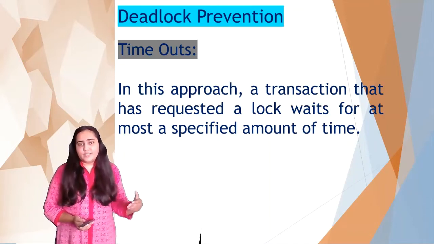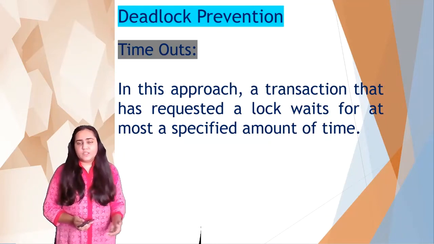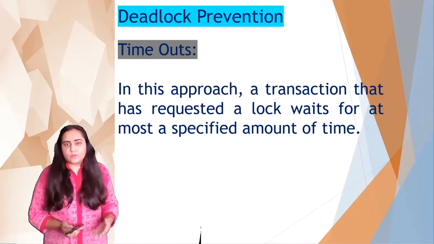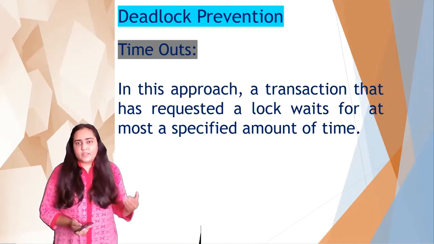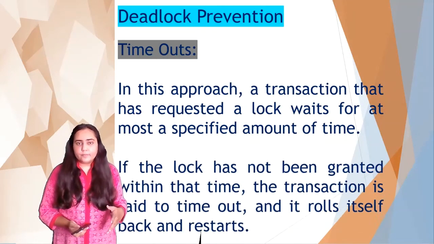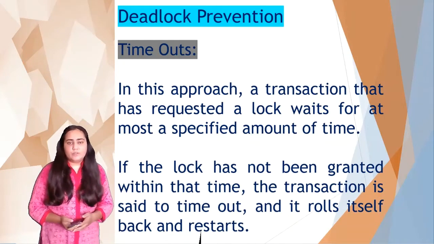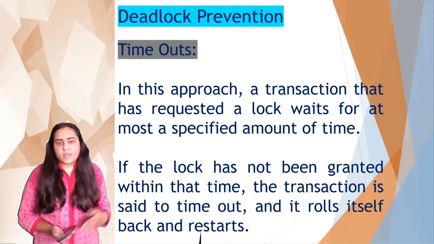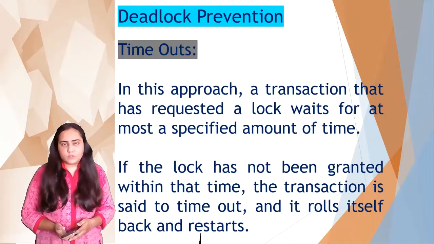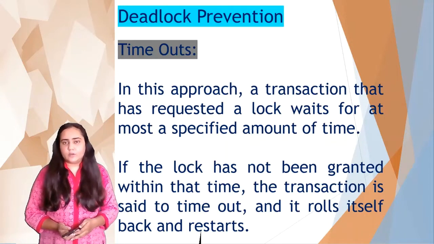And if after 10 seconds it still does not receive the data item it requires, then the transaction will simply stop executing and release all the locks that it holds currently. So if the lock has not been granted within that time, then the transaction is said to time out and it rolls itself back and restarts. This also prevents deadlocks.